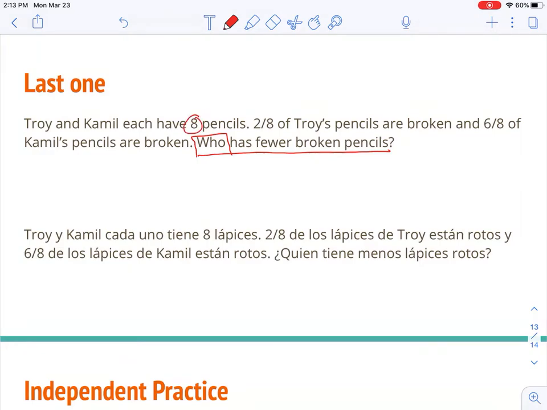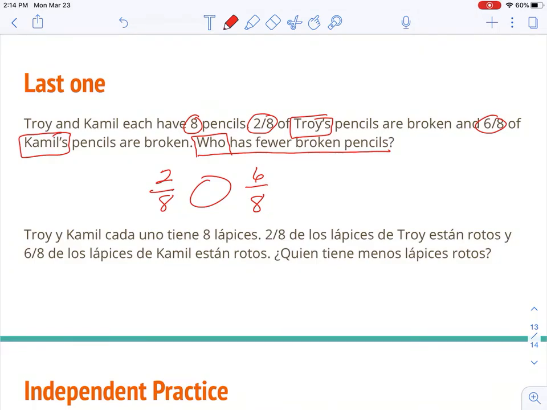So I have 8 pencils altogether. 2/8 of Troy's are broken and 6/8 of Camille's are broken. Who has fewer broken pencils? So this time I'm just comparing fractions. So I have Troy is 2/8 versus Camille is 6/8. And I want to know who has fewer broken pencils. So which one is less? Well, my denominator is the same.